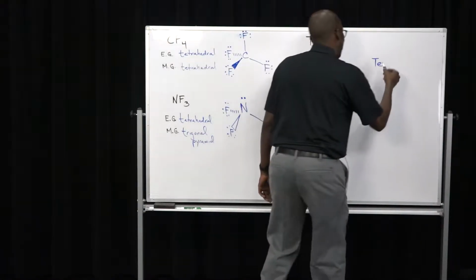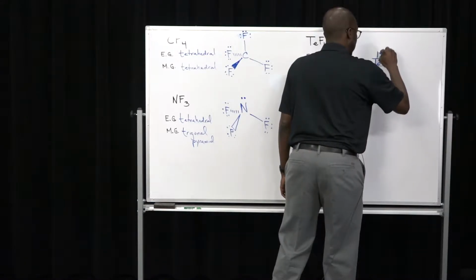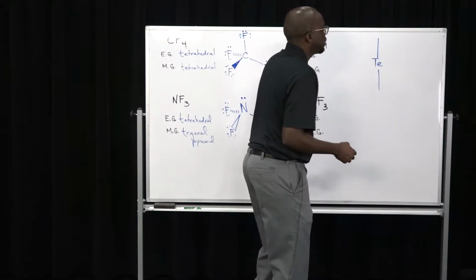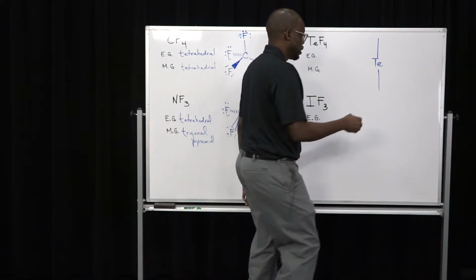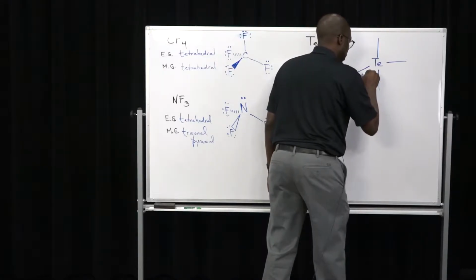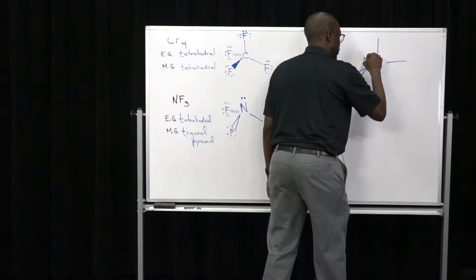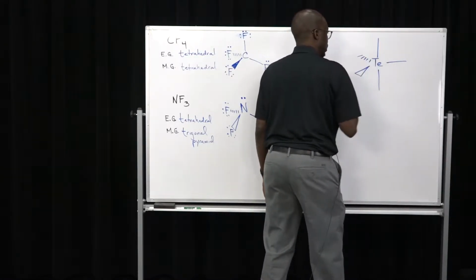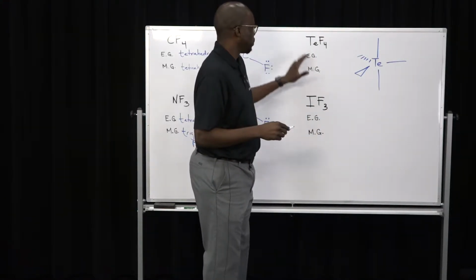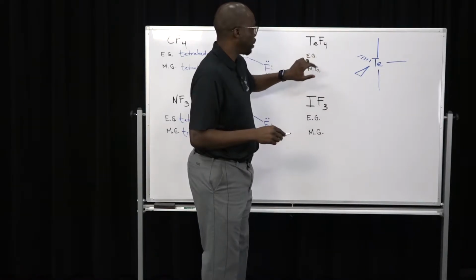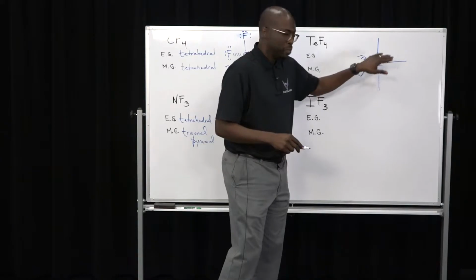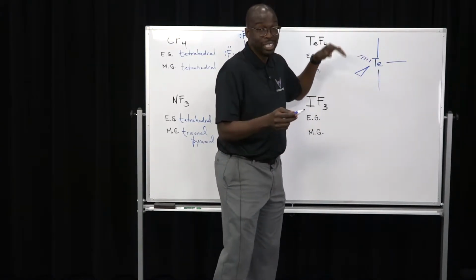Okay? The trigonal bipyramidal structure gives us 2 axial positions and then 3 equatorial positions. All right, so we have 4 bonds with fluorine, but we have what? 5 charge clouds available.